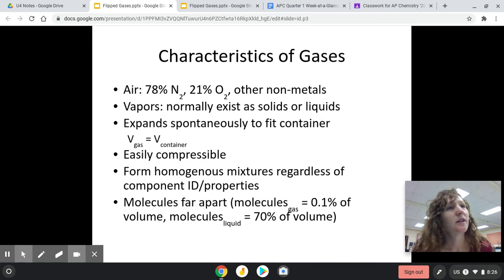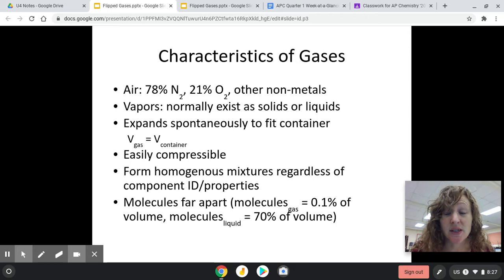So if we're at STP and we're talking about gaseous water, we would call that vapor, because at STP, the majority of water naturally occurs as a liquid. If we're talking about nitrogen, however, we would call it nitrogen gas, because at STP, the majority of nitrogen exists as a gas. So that's the difference between the terms vapor and gas.